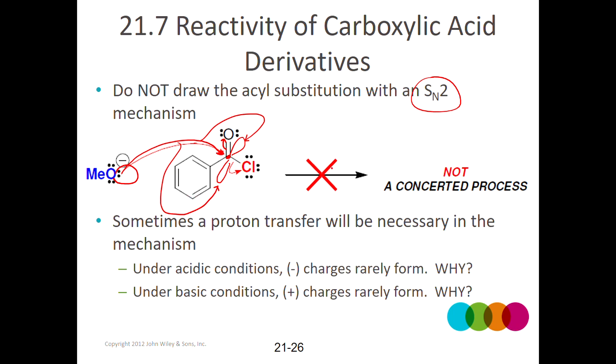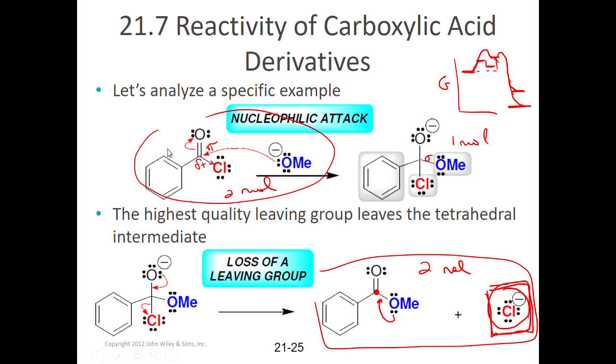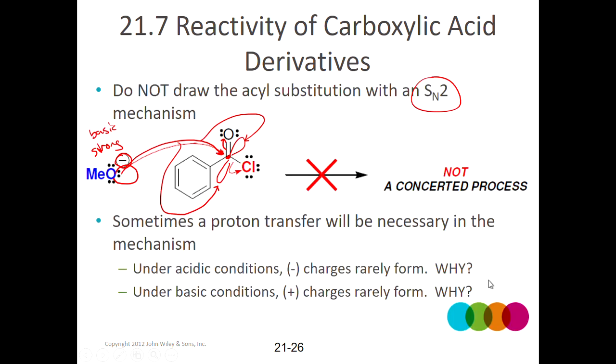So in this particular case, it worked quite well. We had a negatively charged nucleophile, a strong nucleophile. We could also say that's basic because of the negative charge. And under basic conditions, what did we see? A negative we started with, a negative that formed, and we ended with a negative. And that's a pattern that you can look for to help you with these mechanisms.